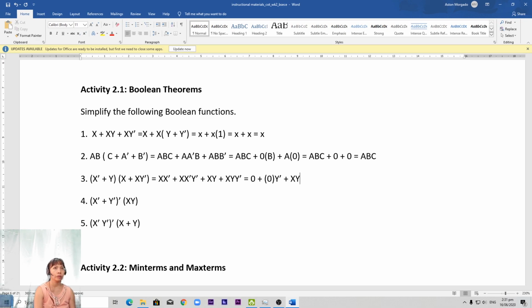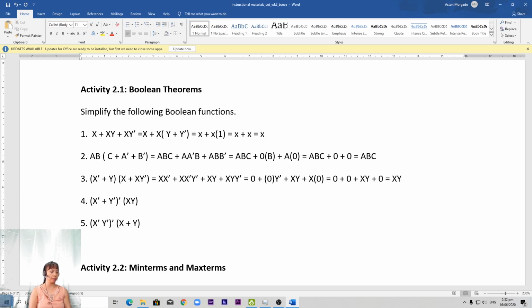Then xyy prime is equal to 0, since any number multiplied by 0 is 0. So 0 plus xy plus 0, and in the end it is simply equal to xy. I'm just showing it to you in detail.